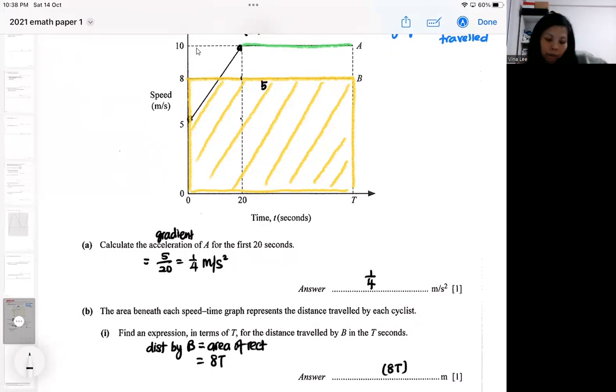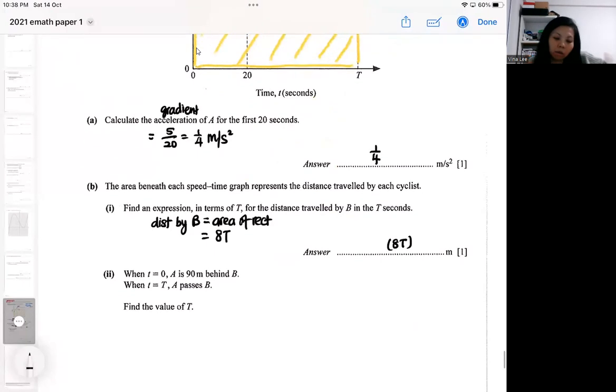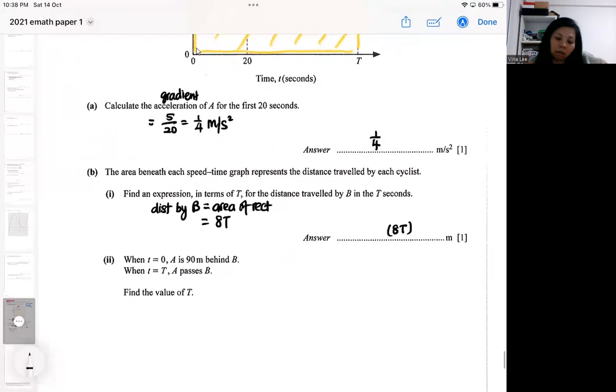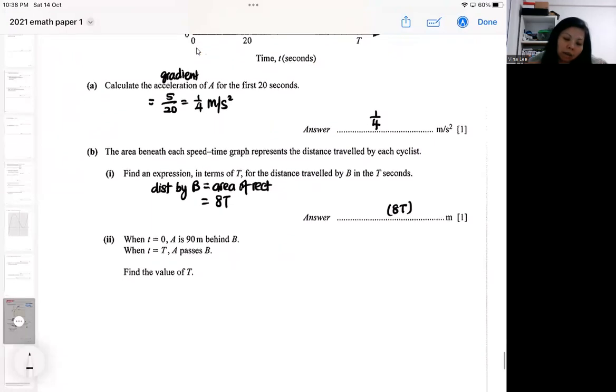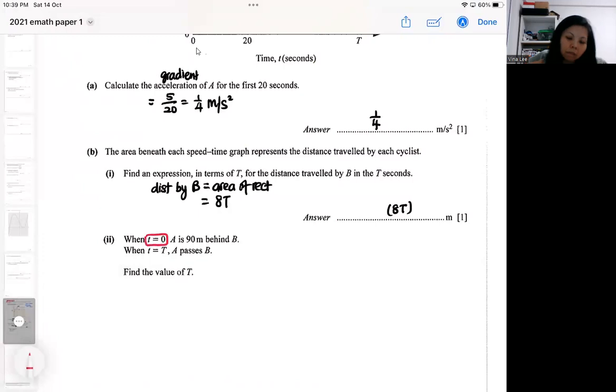Okay. So subsequently, the last part is the one that usually people have issue. There are two statements that you actually need to understand. First of all, at the starting, A is 90 meters behind B. So they don't start at the same point.